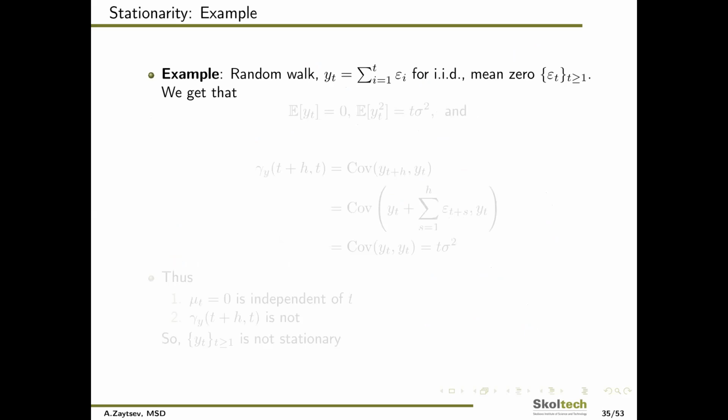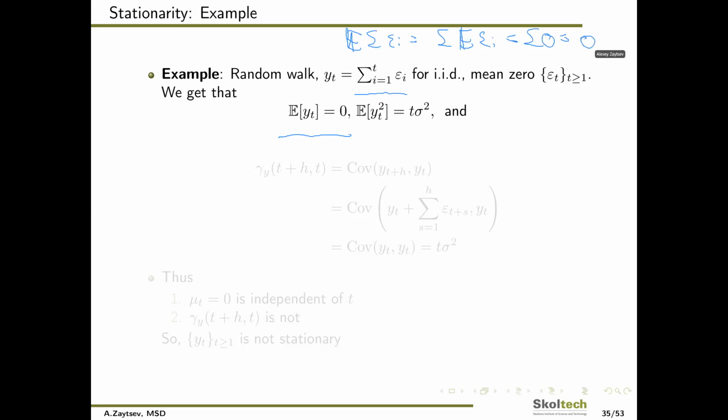Okay, let's try to do something similar for the random walk and see if it is stationary or not. Basically, we have 0 mean for each yt, because we start with the sum of independent Gaussian random variables with 0 means. The expectation of a sum of random variables equals the sum of expectations, a sum of zeros, so 0.